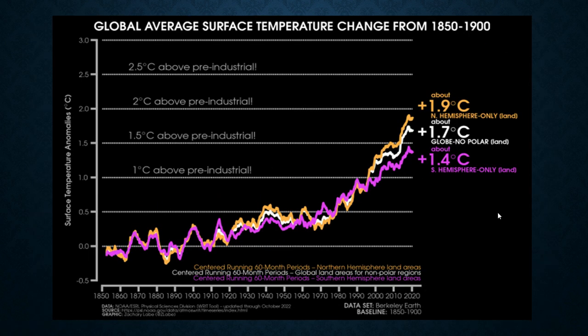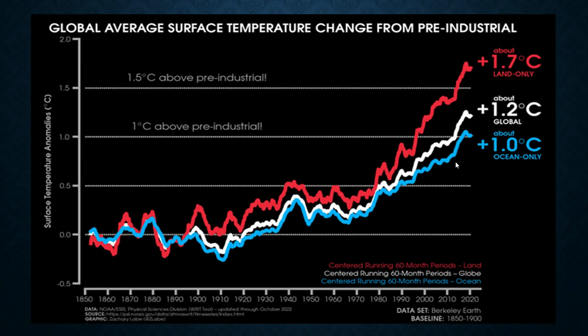Next slide looks at the surface temperature anomalies compared to 1850 to 1900. But they do a little different parsing. They actually separate it by hemisphere. So in the previous slide, this is north and southern hemisphere.